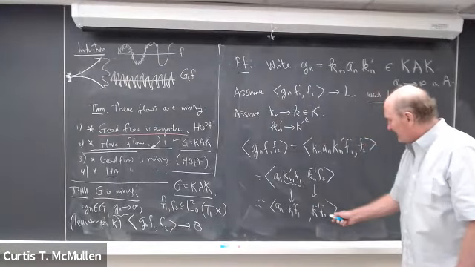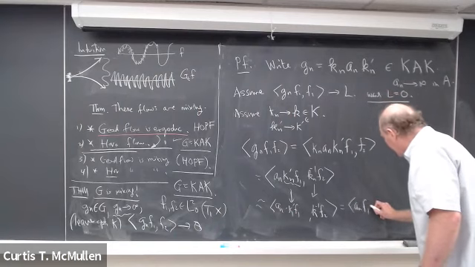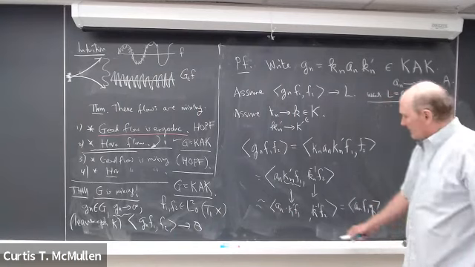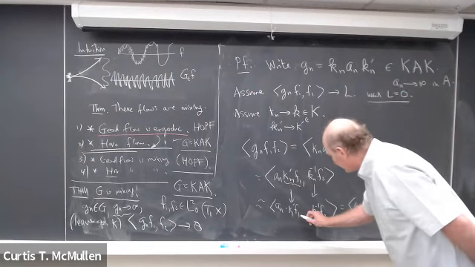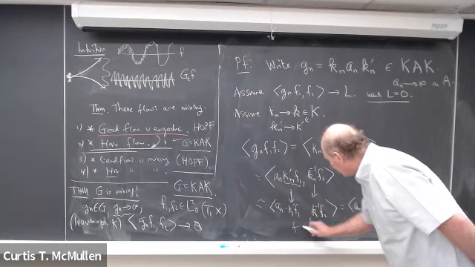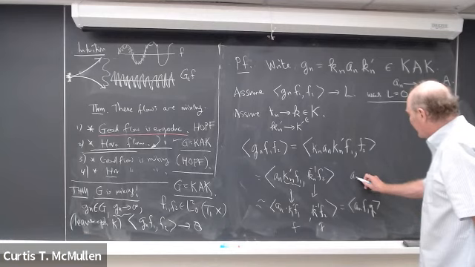Well, we can forget where these vectors came from. This inner product has the form of a_n F with g for two specific elements. Maybe I should call this F1. So the two specific elements of mean 0, and a_n is going to infinity.